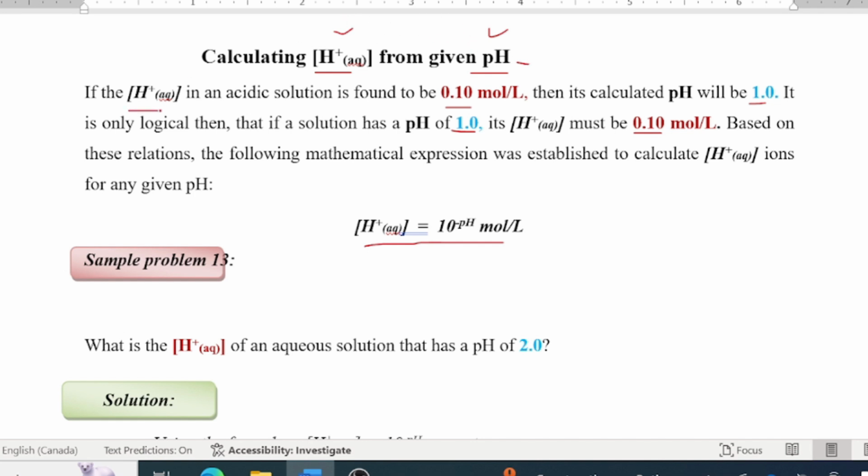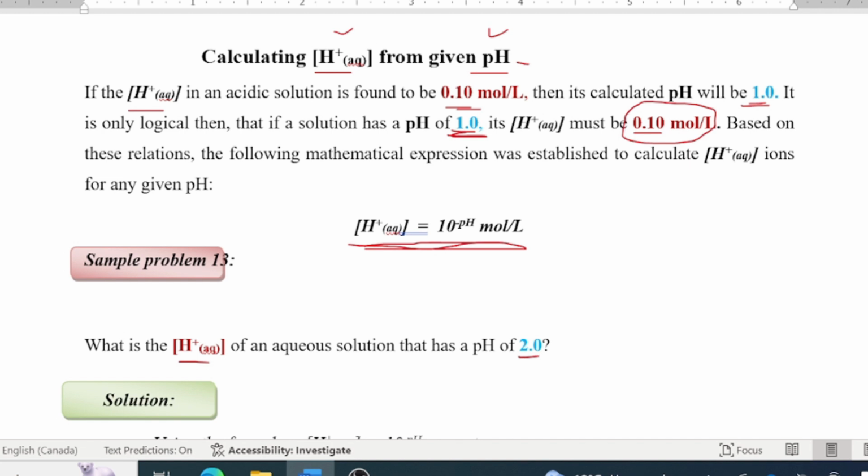Let's say in a solution, the H plus is this, right? You will find the pH to be 1.0 because negative log of this will give you 1. Okay? So if someone says to you, look, something has a pH of 1.0, obviously, it must have come from hydrogen ion that has that concentration, right? Based on that, they've developed a mathematical relationship to teach you how to find the hydrogen ion concentration, and it is equal to 10 to the negative pH moles per liter.